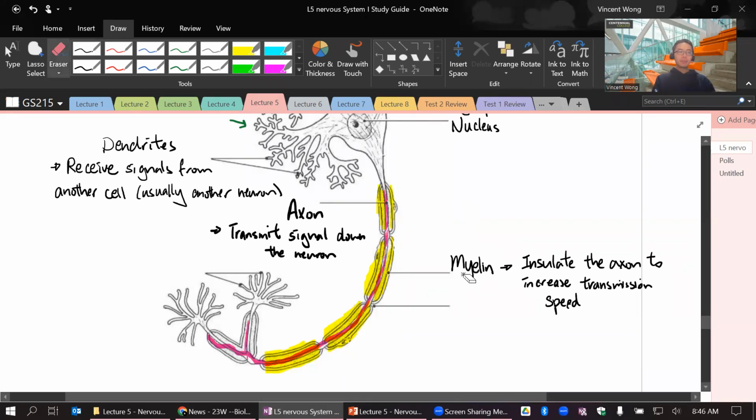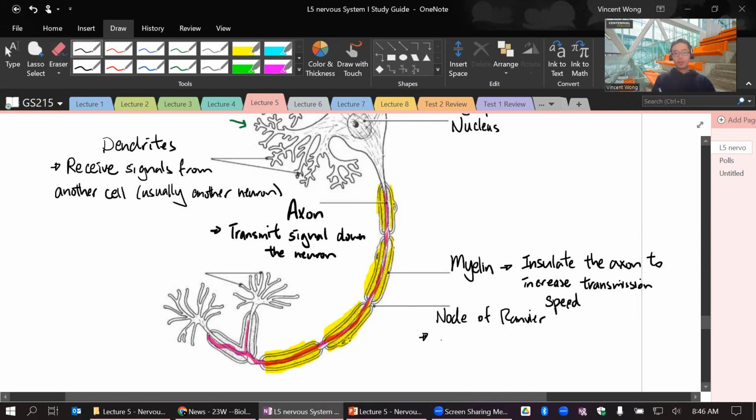But the myelin does not cover the entire axon. Like, I mean, it does look like it covers the entire axon, right? But every now and then, you're gonna have a gap. You need to leave a little bit of a gap, and those gaps, they are called nodes of Ranvier. Probably named after the person who discovered them or something.